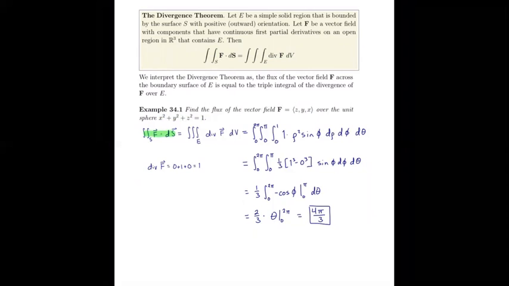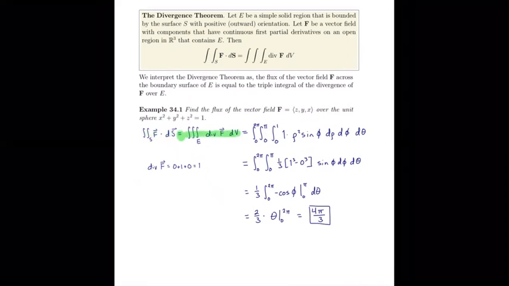We could use the surface integral of F dotted with the normal, or we could use the divergence theorem to calculate that same quantity. Now, just to exercise the divergence theorem, we will make this step and evaluate the triple integral.